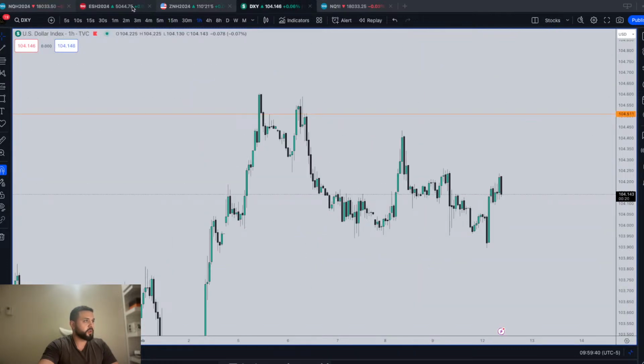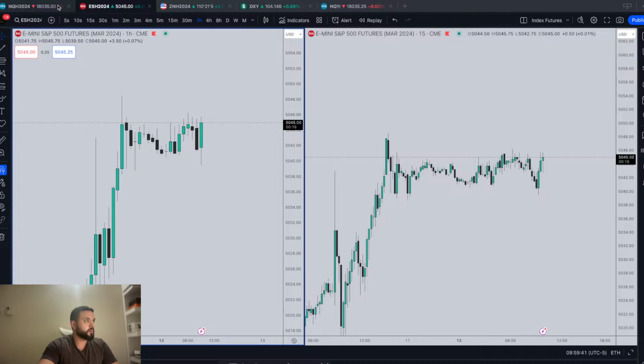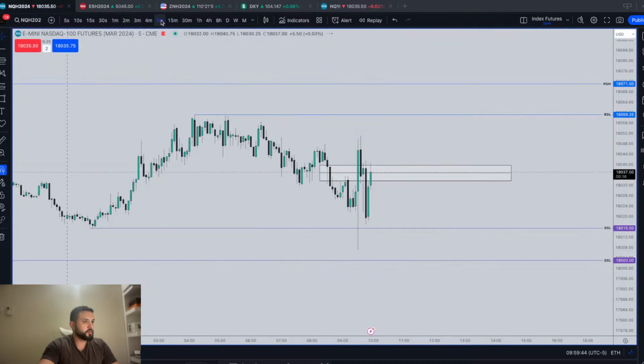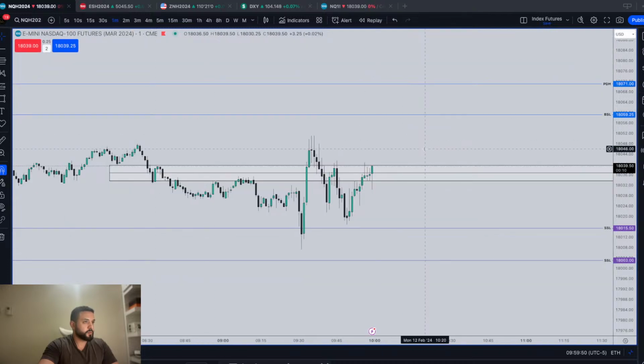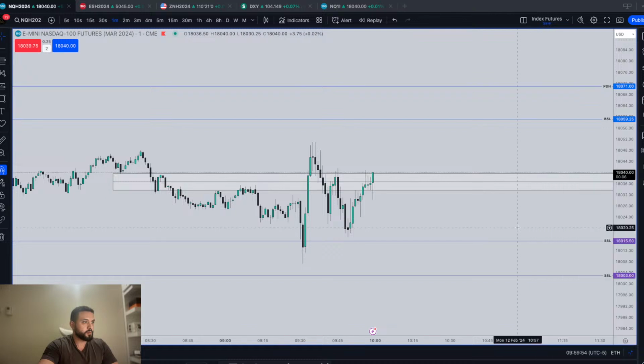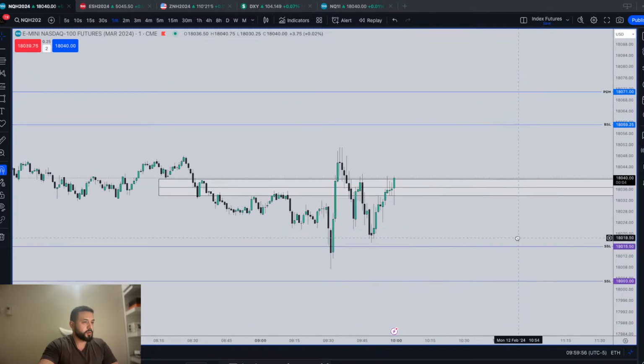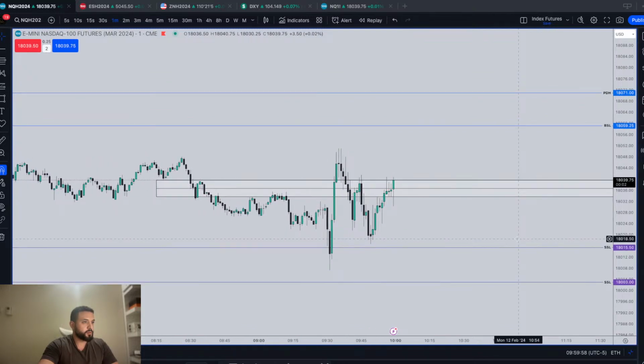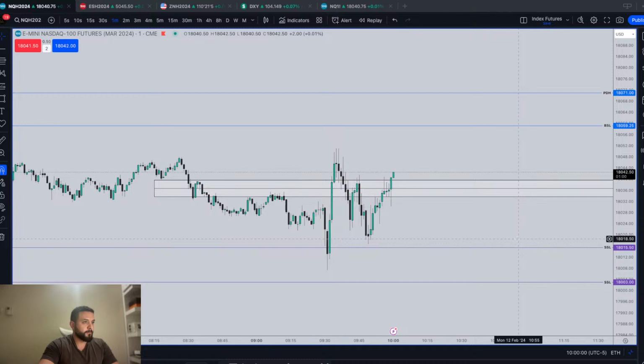DXY is still moving down. ES moving up. Okay, looking bullish so far.